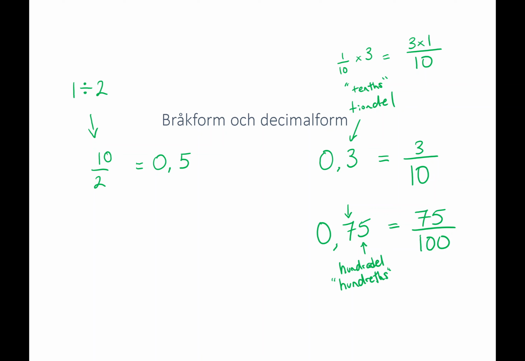Okay, we have a fraction, but sometimes the question might say, make sure to simplify or find an equivalent fraction. And what we need to do at this point is look at 75 over 100.